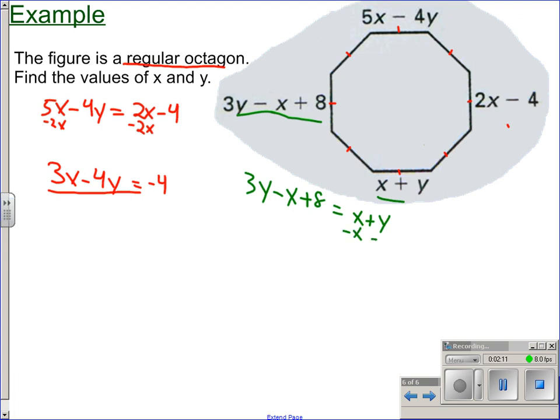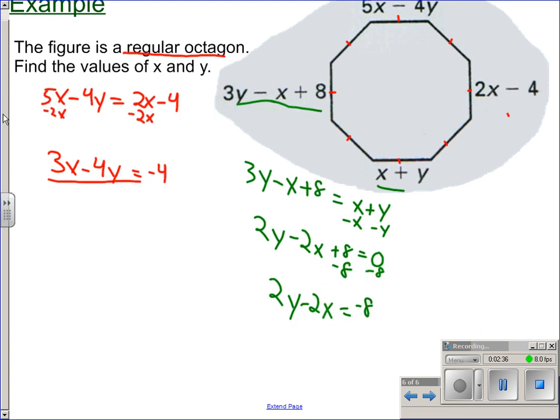So I'm going to subtract x and subtract y. That gives us 2y. When I subtract the x on this side, that's a minus 2x. And I've got this plus 8, and we've moved everything from the right side, so we're left with 0 until we subtract 8: 2y minus 2x equals negative 8.